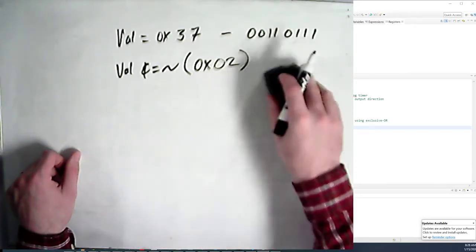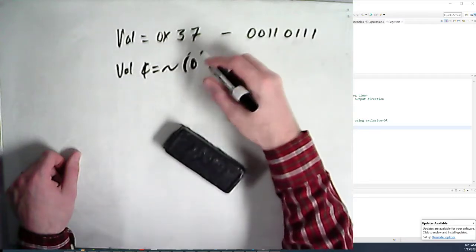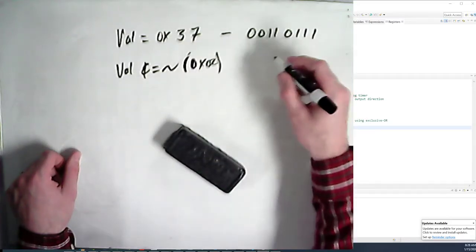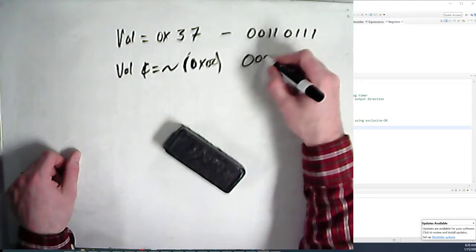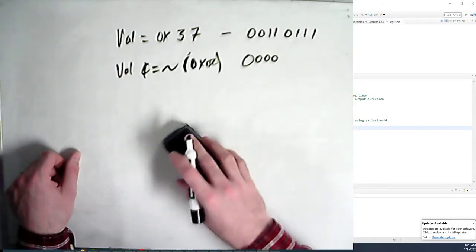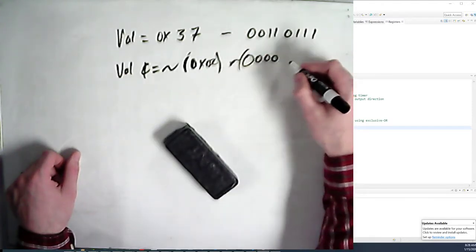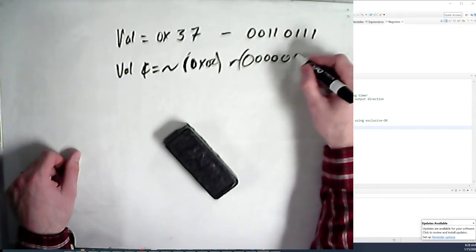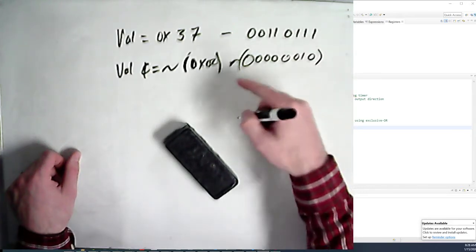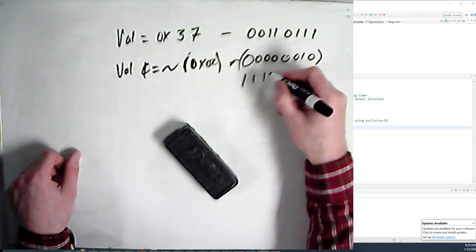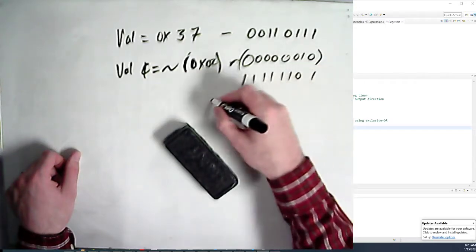Yes, it's hurting our brain, I can tell already. 0x02, going to give myself some help here, some space, 0, 0, 0, 0, 0, 0, 1, 0. We're going to tilde that, which gives us 1, 1, 1, 1, 1, 1, 0, 1.